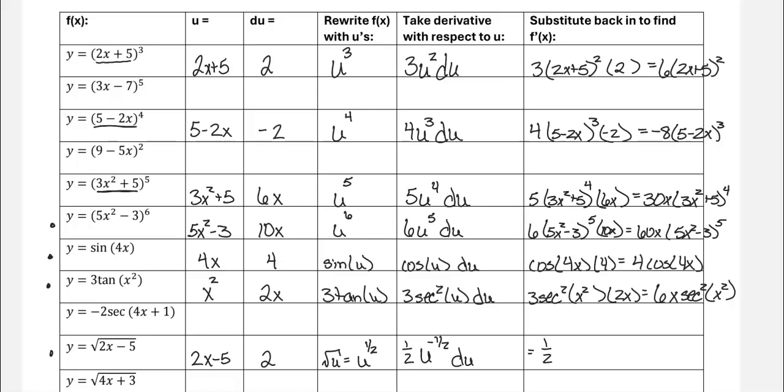So I'm going to have 1/2 times u, which is 2x minus 5, to the negative 1/2 times du, which is 2. So you can see that 1/2 and 2 are going to cancel, leaving us with 1 over square root 2x minus 5.